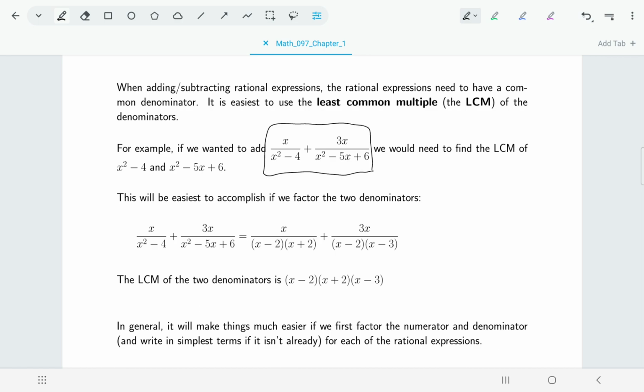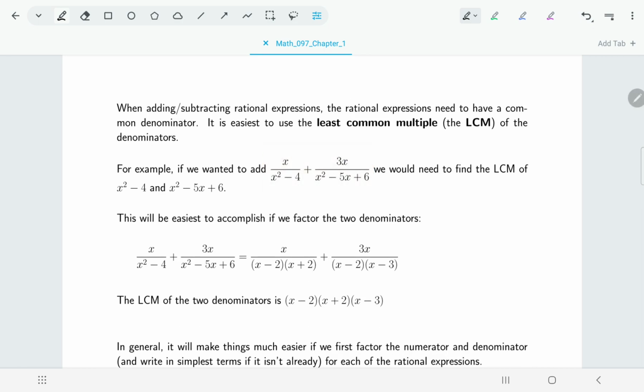And if I did my factoring first, I'd realize that the denominators already have something in common. When I factor out the two denominators, one of them is x minus 2, x plus 2, and the other one is x minus 2, x minus 3. So really, they already have x minus 2's in common. One of them has an x plus 2 that the other one doesn't. One of them has an x minus 3 that the other one doesn't.